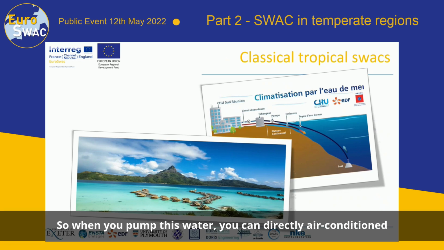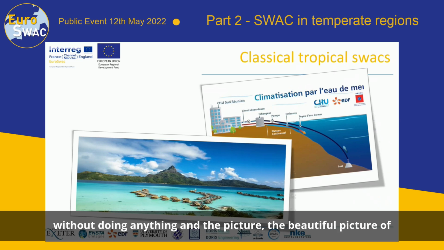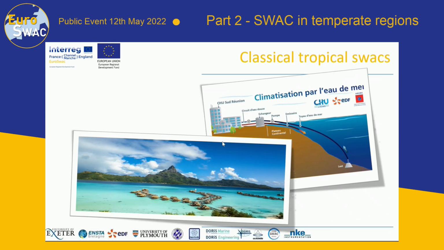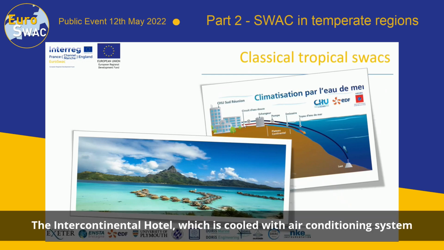So when you pump this water, you can directly air condition a building without doing anything. And the beautiful picture of a tropical island is Bora Bora, the Intercontinental Hotel, which is cooled with an air conditioning system.